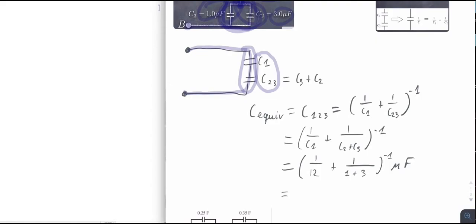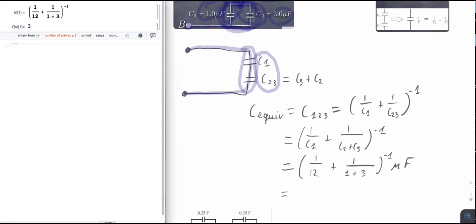Let's see what we get for this. Let me step over here to my Mathematica notebook and type this in. So I have 1 over 12 plus 1 over 1 plus 3, and I get 3 microfarads as my final answer.